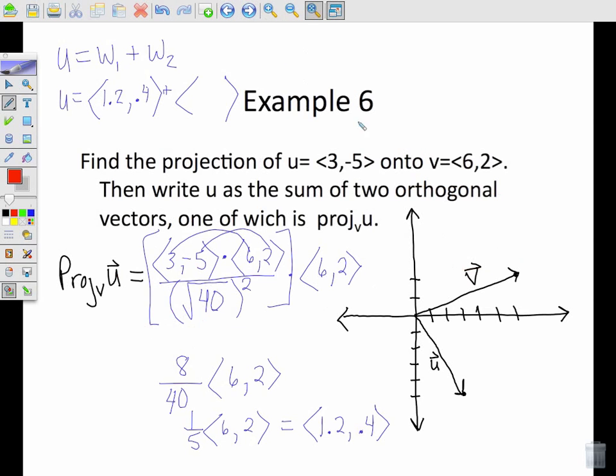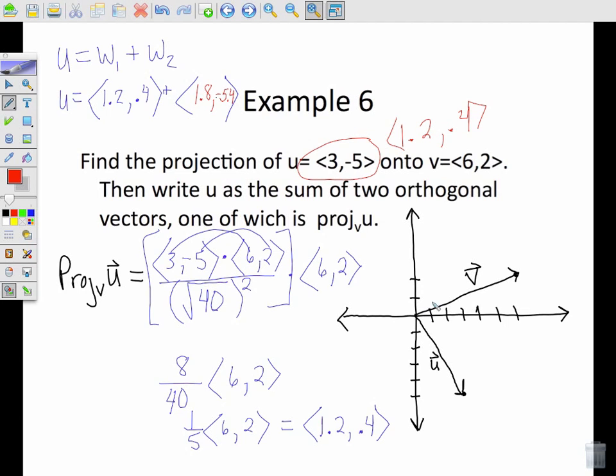We're going to do U minus W1. So 3 minus 1.2 is 1.8, and -5 minus 0.4 is -5.4, and that is our answer.